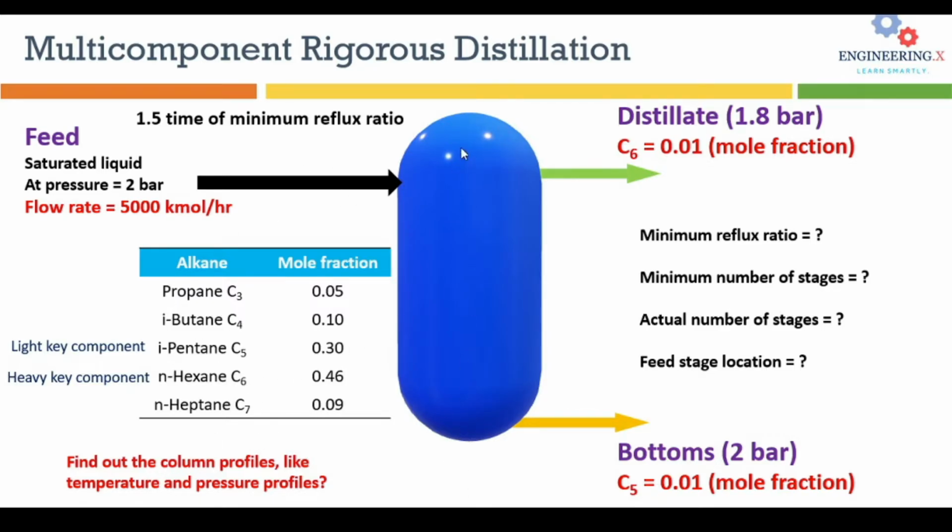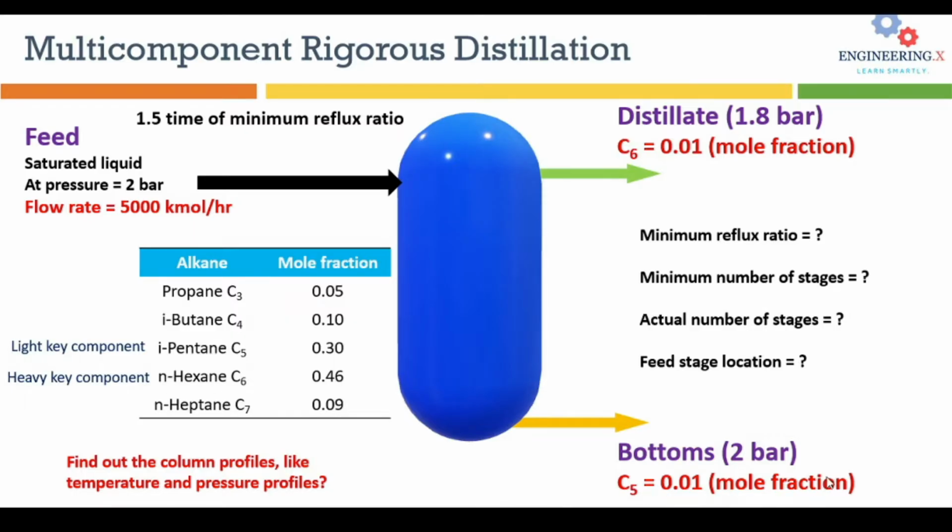The reflux ratio inside the column is 1.5 times the minimum reflux ratio, and the distillate coming out from the distillation column is at 1.8 bar, and in the distillate the heavy key component, that is normal hexane, should not be more than 1 mole percent. On the other hand, in the bottoms the light key component, that is isopentane, should not be more than 1 mole percent.